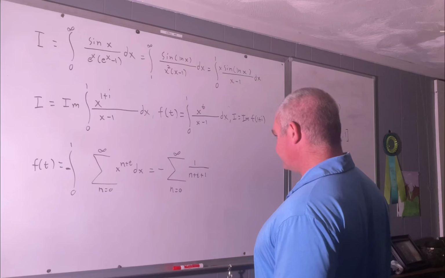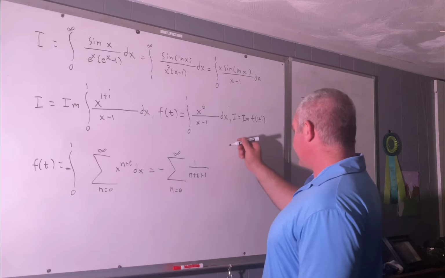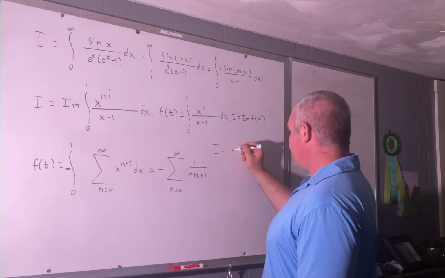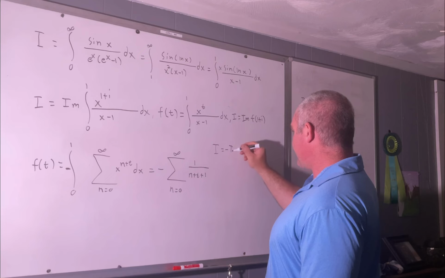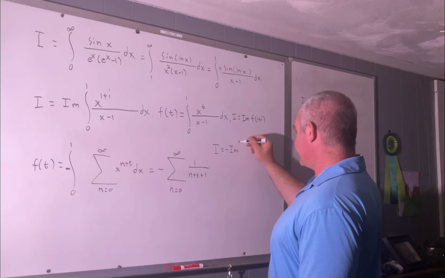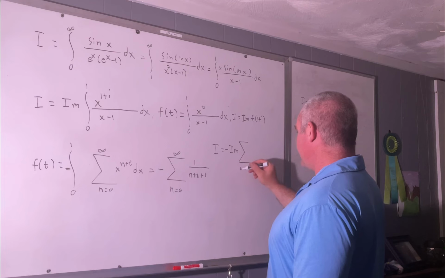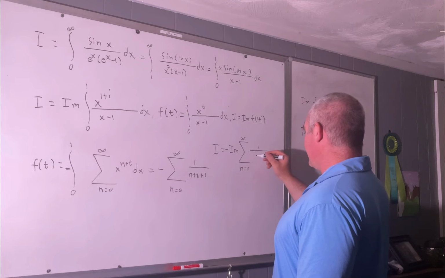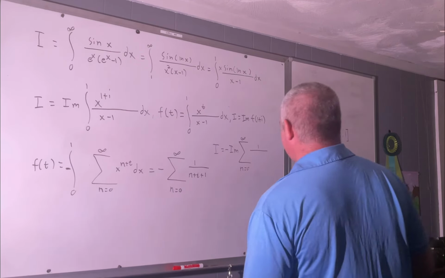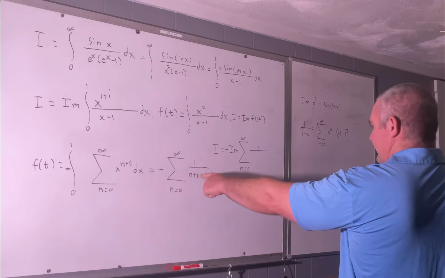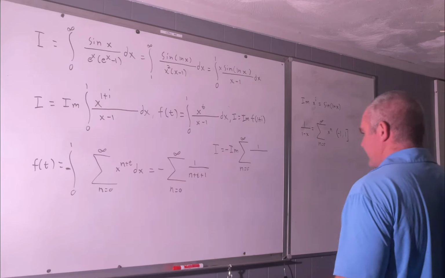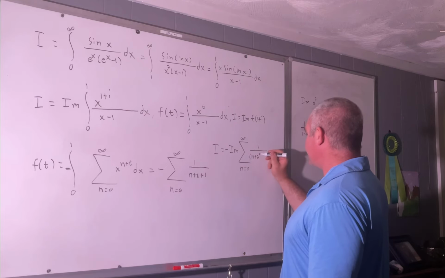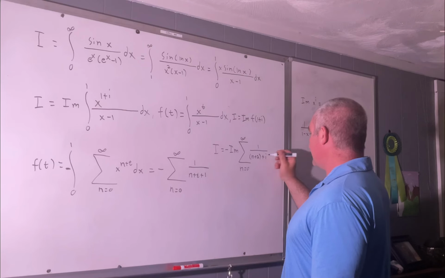So that's going to mean that I is equal to the negative imaginary part of the sum as n goes from 0 to infinity of 1 over, that's going to become, if t is 1 plus i, n plus 2 plus i. So we'll put n plus 2 in parentheses, and then we'll put plus i.